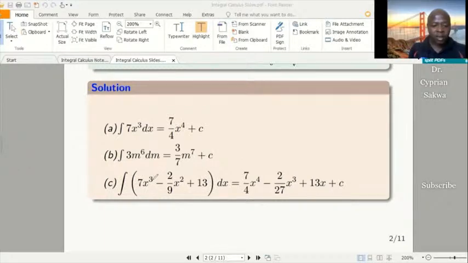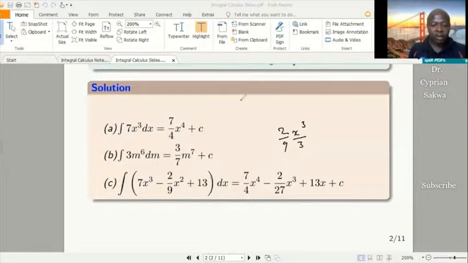Add 1 to 4, so this part becomes 7x raised to 4 over 4. And we also do this other one. Add 1 to the power, you get 3, so it will be 2 over 9, x raised to 3, then divided by 3. And that is what you're seeing here as 2 over 27, x raised to 3, because 9 times 3 is 27.